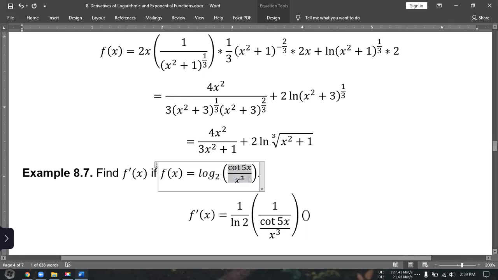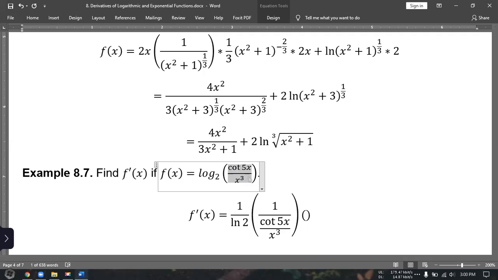For us to obtain the derivative of this function, we have to apply the quotient rule. If our numerator is u and our denominator is v, that is v derivative of u minus u derivative of v all over v squared.